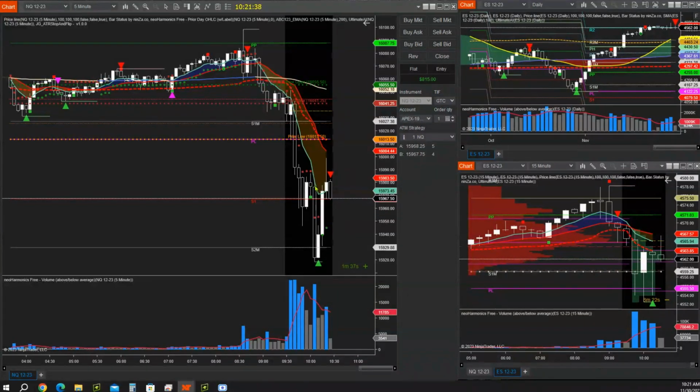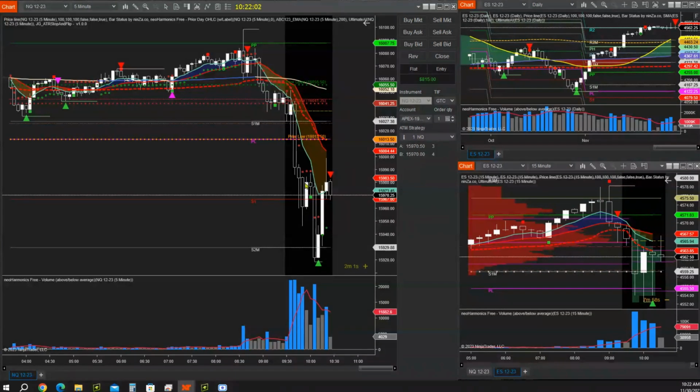And I noticed this little pop here. So I got in. Again, the trade did not work. I got out as quick as I could. If you look here, this is the beauty of this indicator. You've got the front side trade and the back side trade.